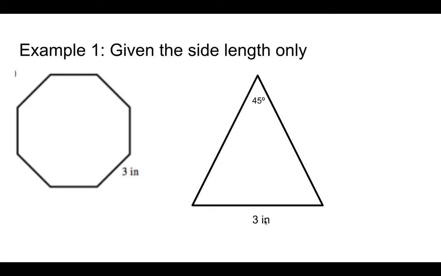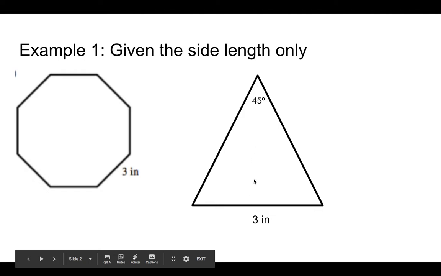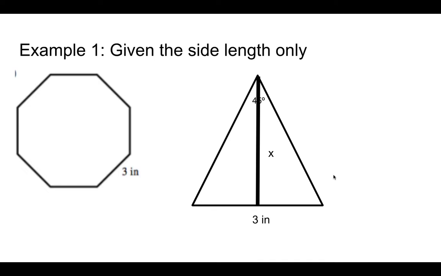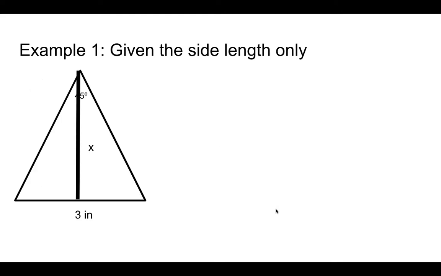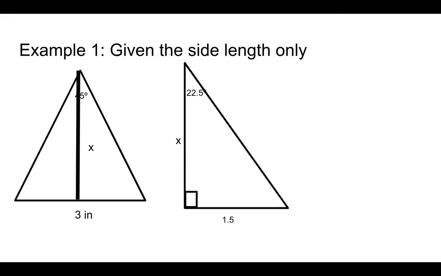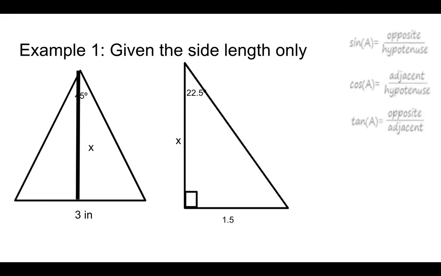Now, currently, we can't do anything with that. We need this height of this triangle, that x there, right? Well, this is going to create a right triangle, and that is helpful because now we can go back and use trig, SOHCAHTOA. So we're going to use trig based off this angle. We've got an adjacent and an opposite, so that's tangent.